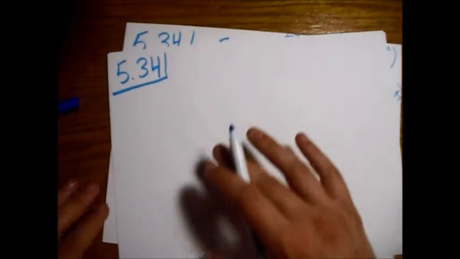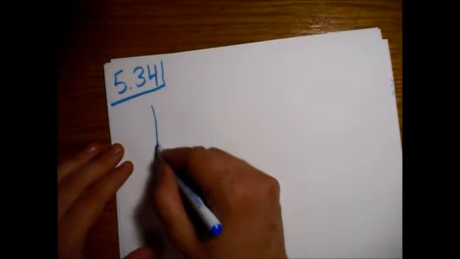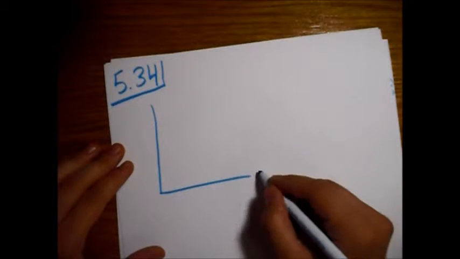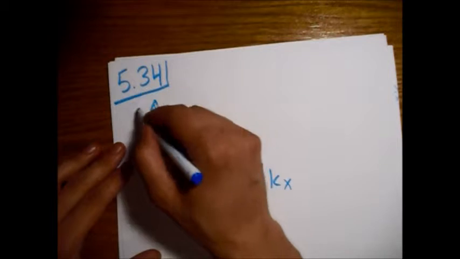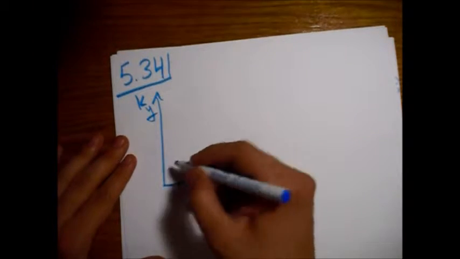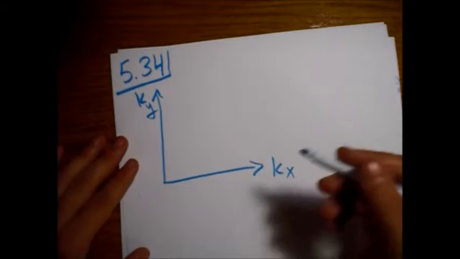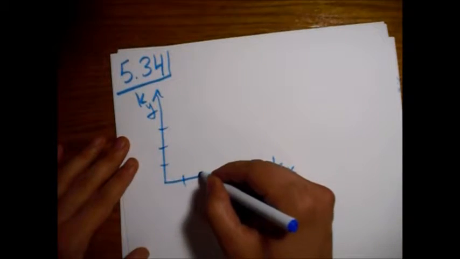So if we look at, say, K space of a Kx and a Ky, right? Rather than a 3-dimensional grid, now we're going to just have a 2-dimensional grid.